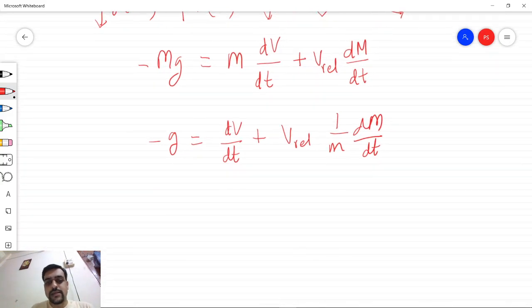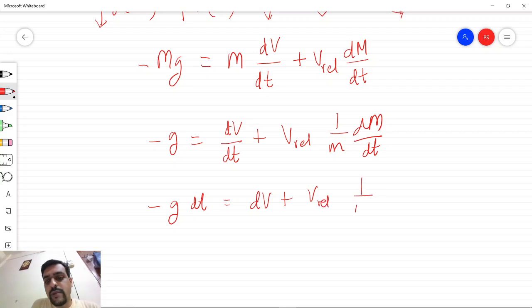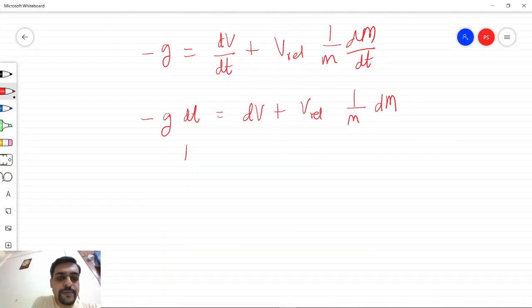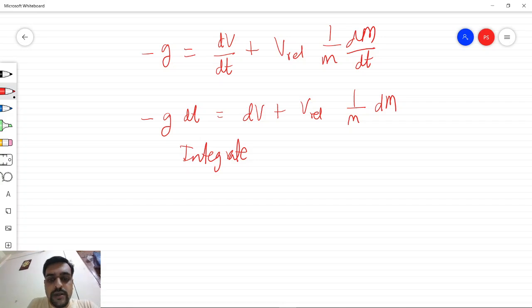This can be rearranged. If we multiply throughout by dt, we get minus g dt is equal to dv plus v relative 1 by m dm. So now we can integrate between two instants, say t0, which is the initial time. In this case, t0 would be just t equal to 0, that is where the clock starts.